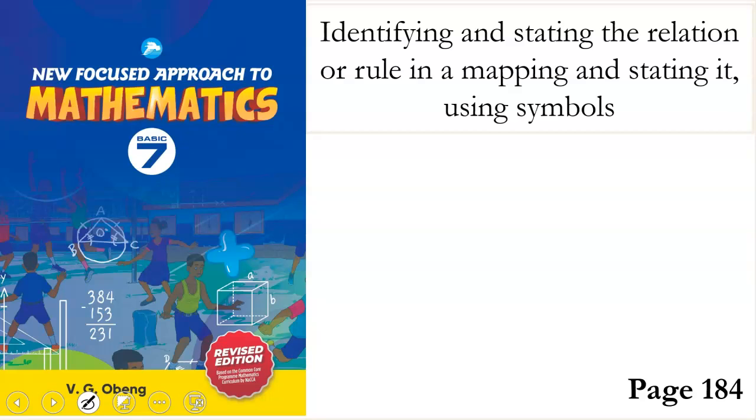For example, if I have a set called X and the elements in the set are 1, 2, 3, and 4, and we have a rule that says, for us to get Y, we should just square the X and then add 1 to it.